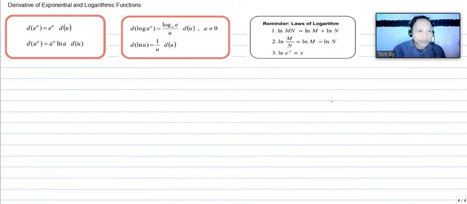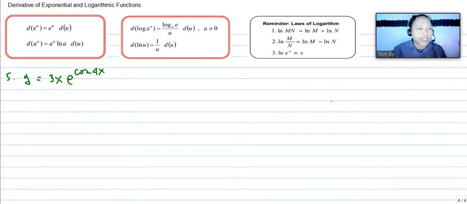Another example for the derivative of exponential and logarithmic function, let's say number 5. Example number 5, we have y is equivalent to 3x e raised to cosine 4x. Notice this is e raised to cosine 4x, and then we have here 3x.